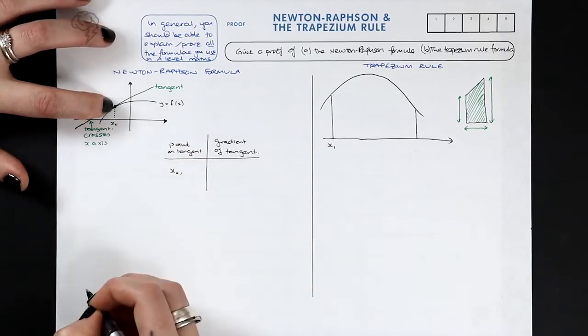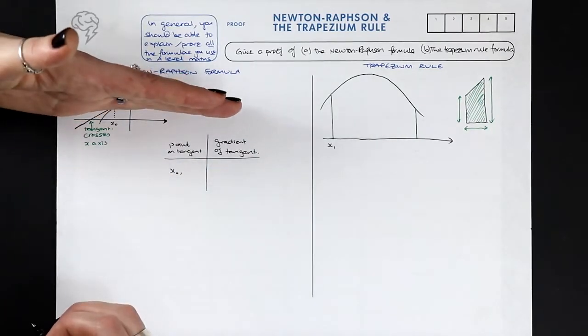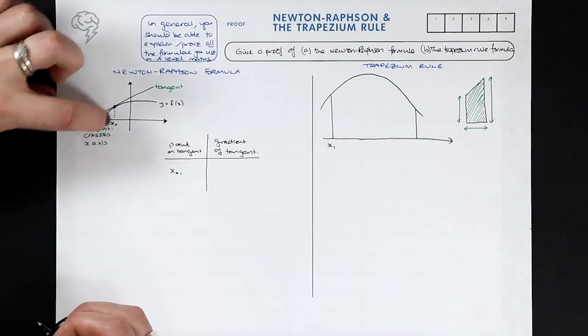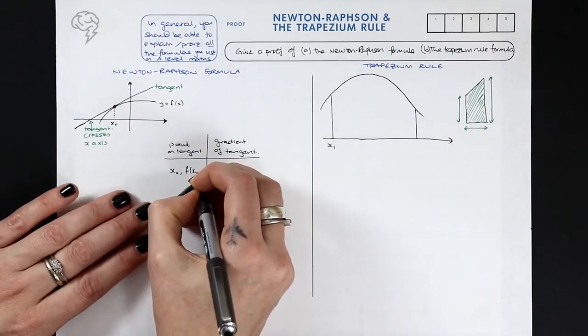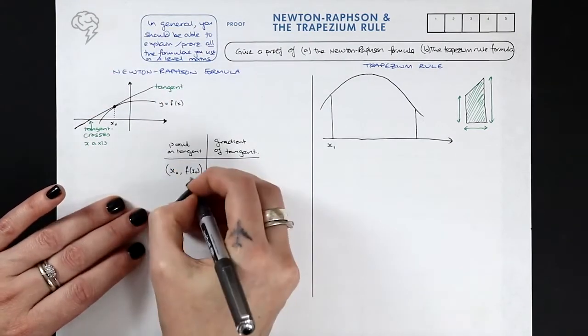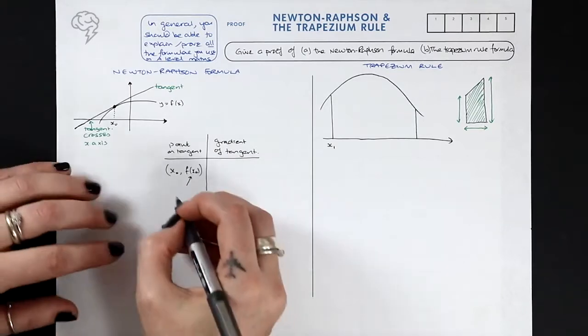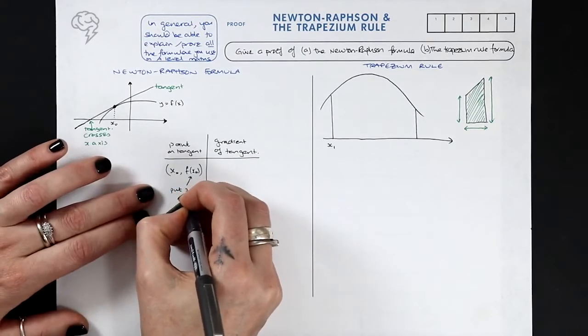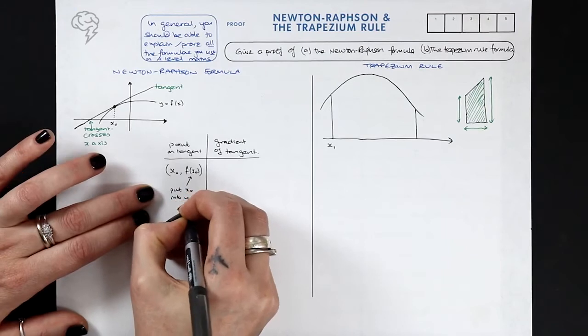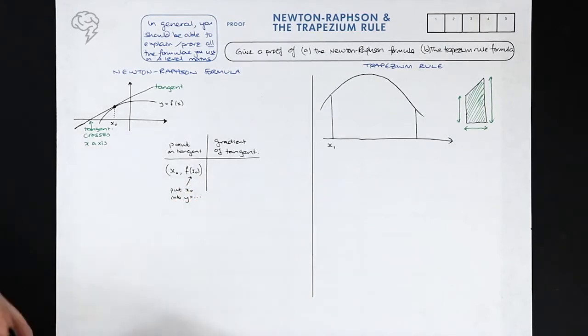x naught, well, its y coordinate will be what we get when we put x naught into the function. f of x naught. That would be what we would get if we put x naught into y equals. That'd be the y coordinate. What about the gradient? How would we get the gradient?